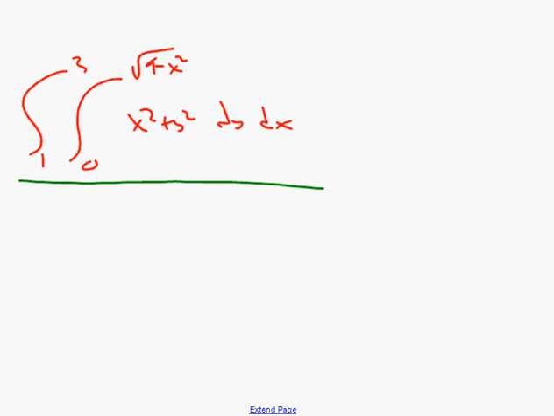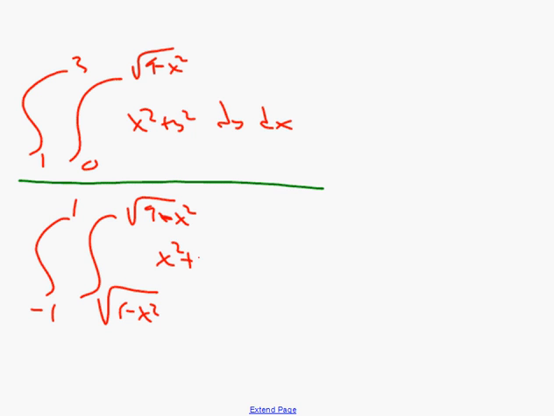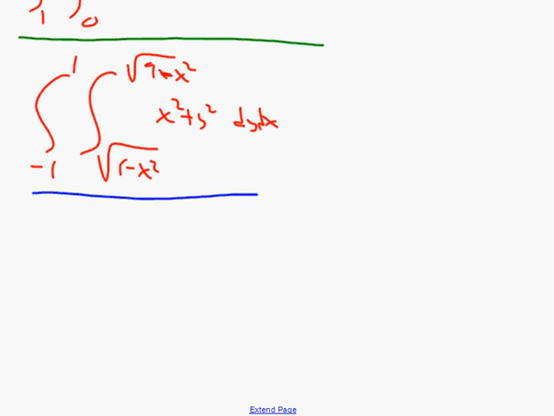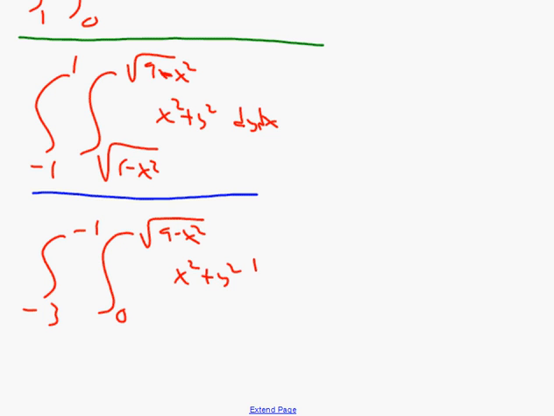The blue one was the integral negative 1 to 1 from the square root of 1 minus x squared to the square root of 9 minus x squared of x squared plus y squared dy dx. That's the blue one. And then lastly, the last one was the integral from negative 3 to negative 1, integral 0 to the square root of 9 minus x squared of x squared plus y squared dy dx. And that was the red one.